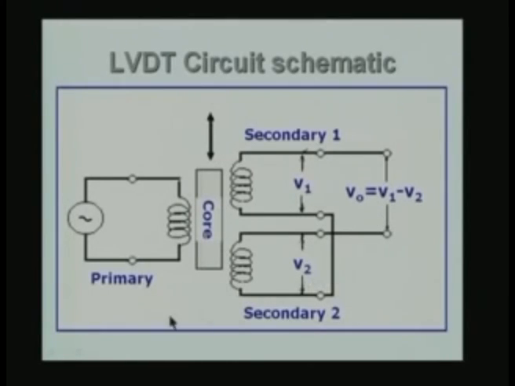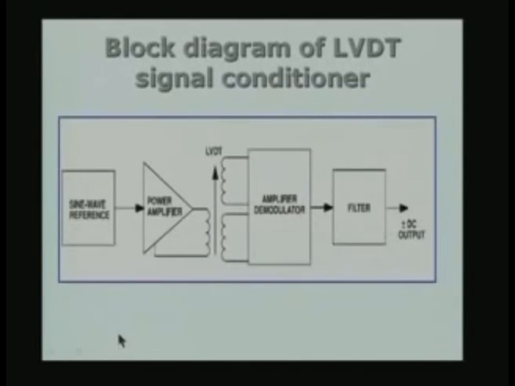So, let us look at the typical output, the block diagram of an LVDT signal conditioner. So, we have a sine wave reference generated which is going to drive the primary coil of the LVDT. It may require a power amplifier to drive the current through this coil.